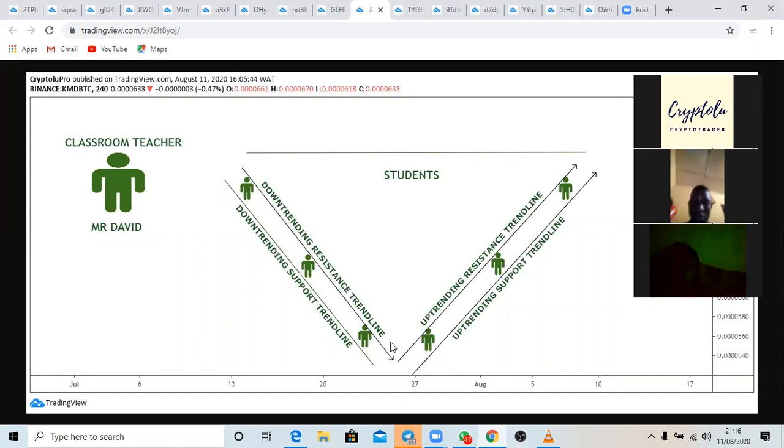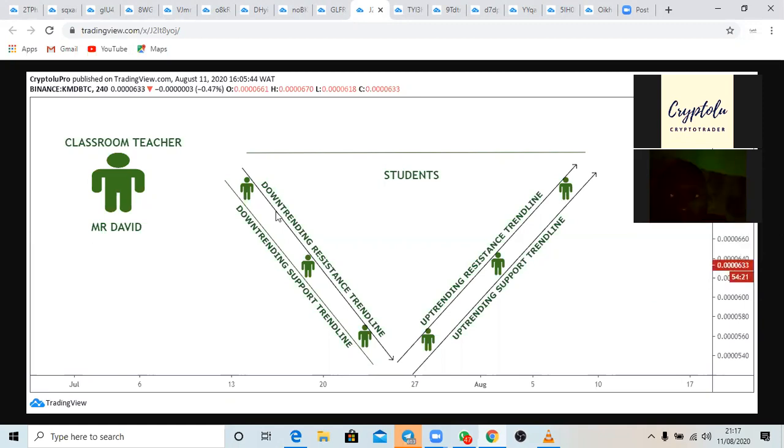That is, the fourth student broke out of this zone that these first three students are in. You can see that the fourth student is not in the line of the first three students. So that is what is called a breakout. You get? So now for retest, okay, I'm coming.